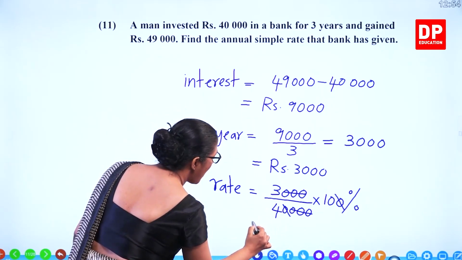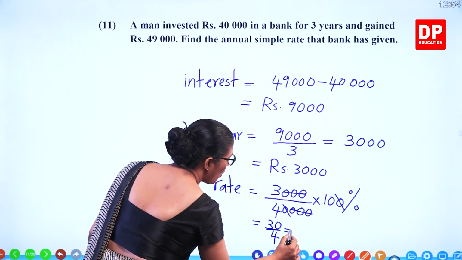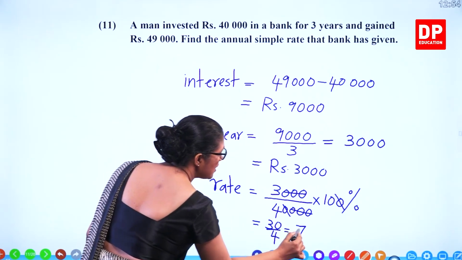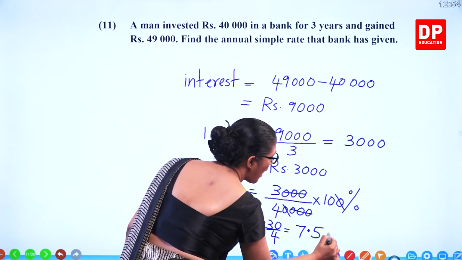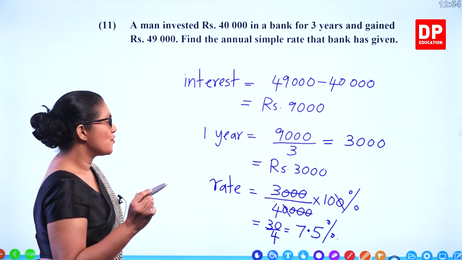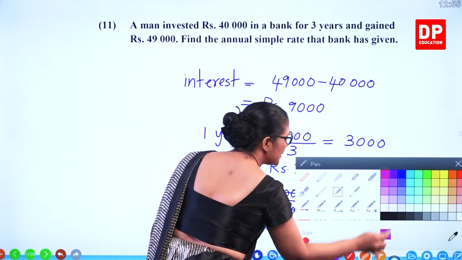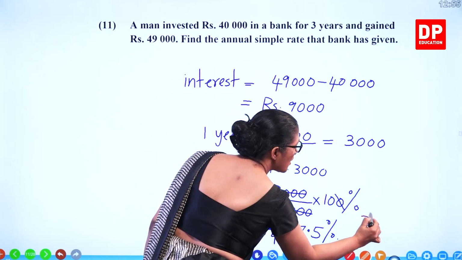So 30 divided by 4. What's 30 divided by 4? 7, and for 20 that's 5. 7.5% is the simple interest rate for this question. So you get 2 marks for that. So 2 marks for this question.